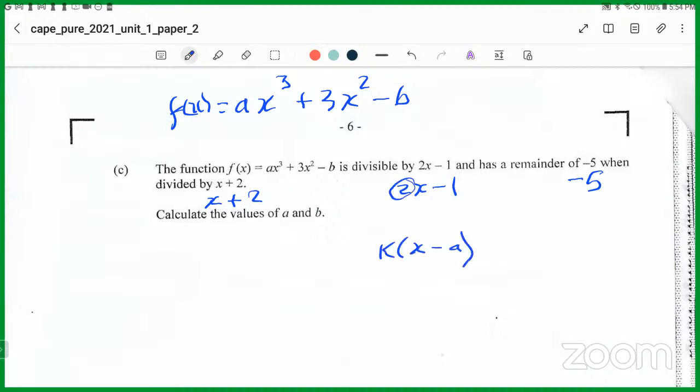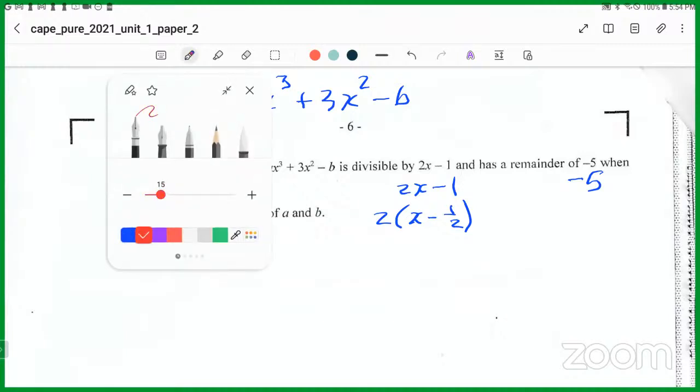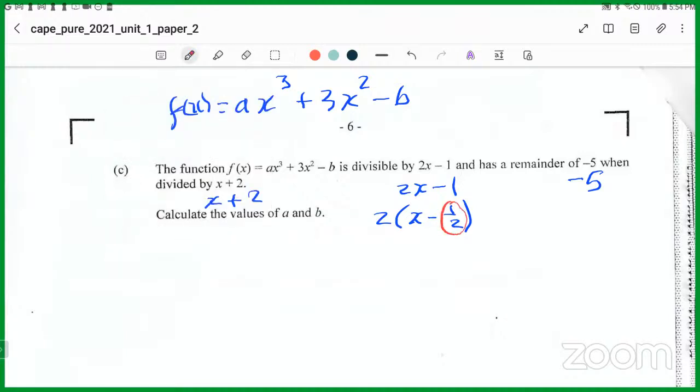So you factorize away the 2, you become 2 bracket x minus half. And so the half right here will be an a. So that f of a half is equal to 0.